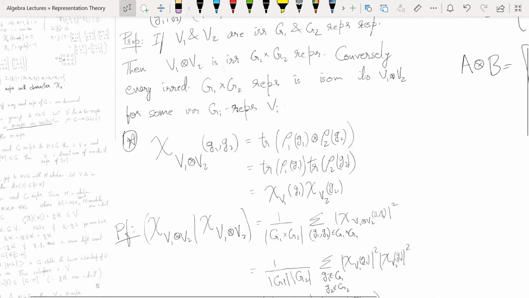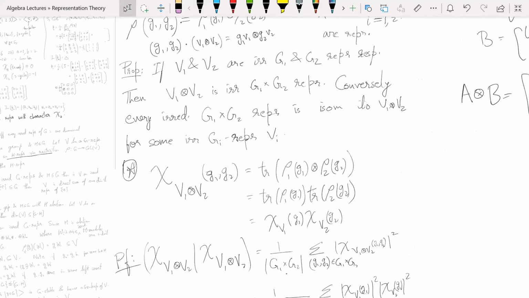So now let's prove this. The reason we are doing this is that we have a characterization of irreducible representations. What is it? Among all representations, we look at the character and take its inner product with itself. If you take any character, this is going to be a positive integer. It is an irreducible representation if and only if this integer is exactly 1.